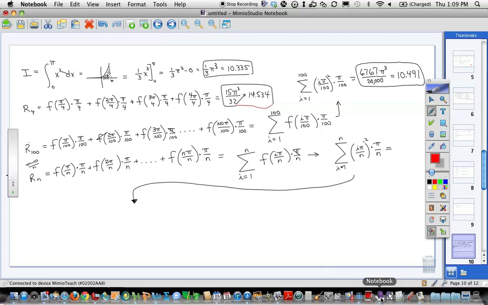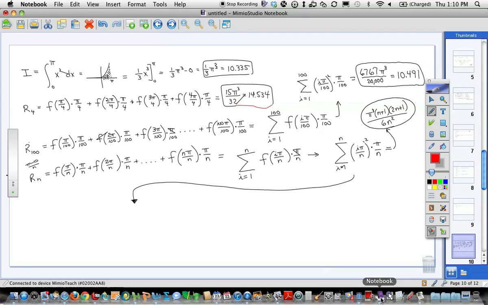So we got pi cubed times n plus 1. Am I off the screen yet? No. The next thing will. All right. So it's pi cubed times n plus 1 times 2n plus 1 all over, what was it? 6n squared.